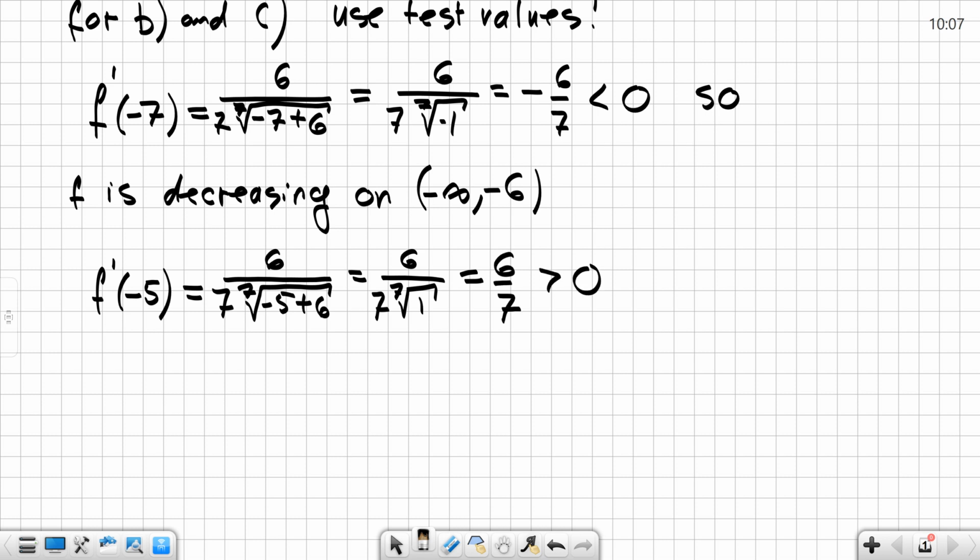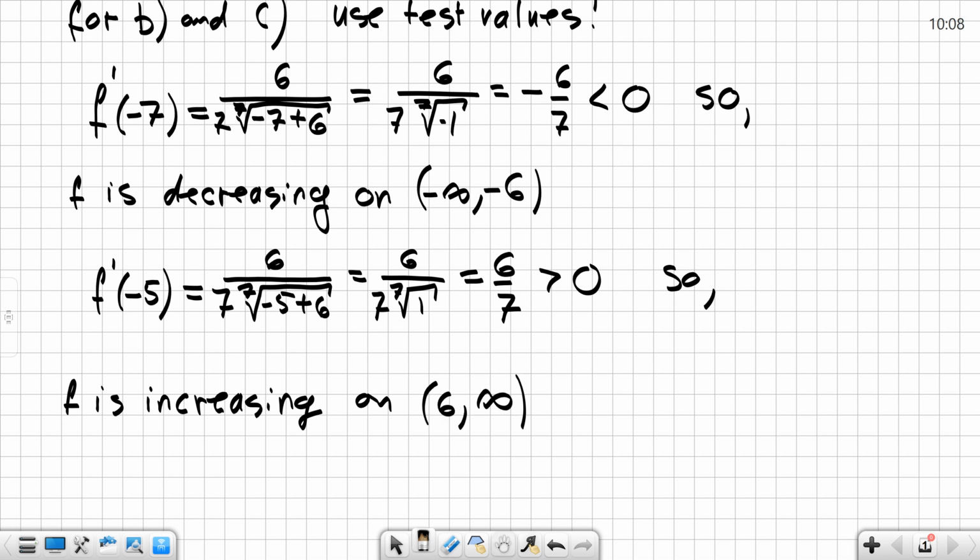And that is greater than 0. So f is increasing on the open interval from -6 all the way up to +infinity.